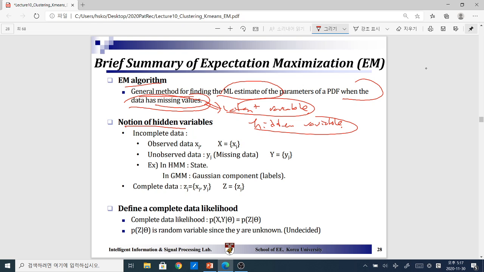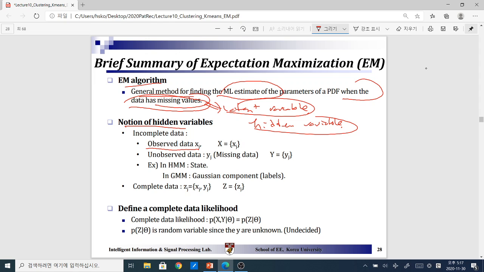What is the notion of this latent or hidden variable? We say that we have incomplete data because certain structure of the data set, as it is generated, is essentially hidden. For example, in terms of the samples, we can observe the samples, but we cannot observe the inherent, internal structure that generated the data.